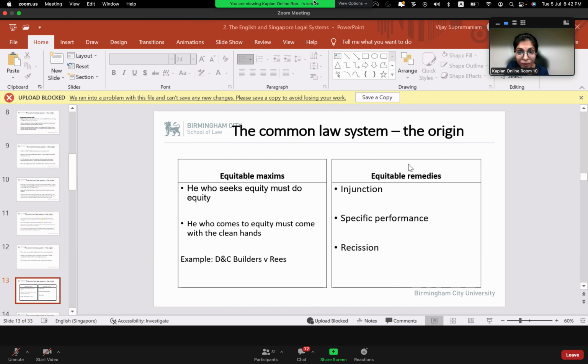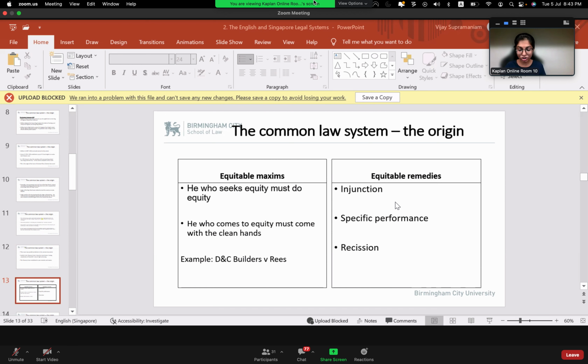But when you look at equity, equity came up with injunction. You still read about this type of remedy in newspapers today because equity has survived. Injunction is to stop you from doing certain things. Specific performance is to order you to do certain things.